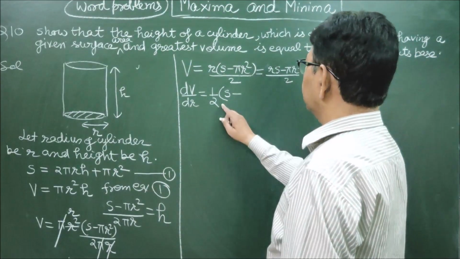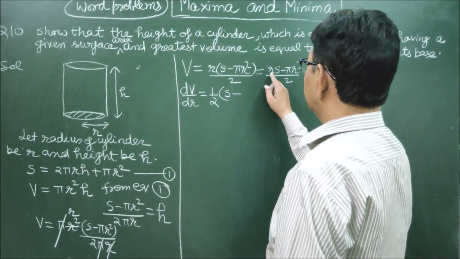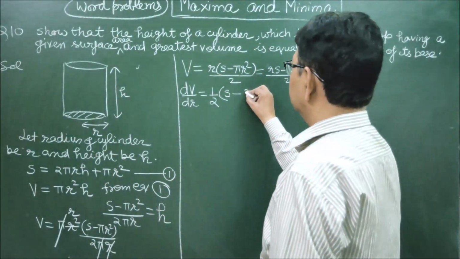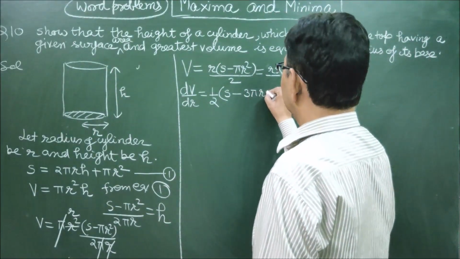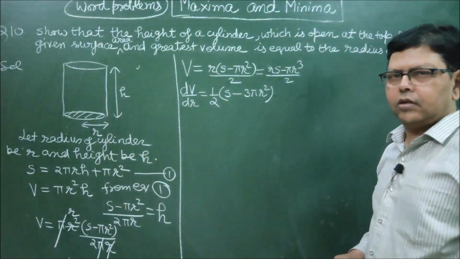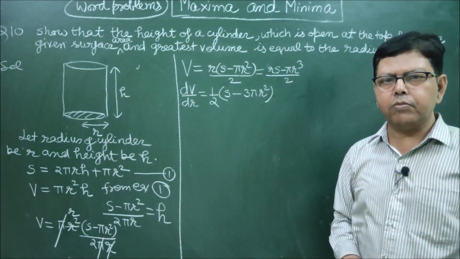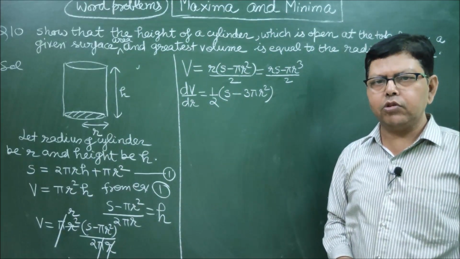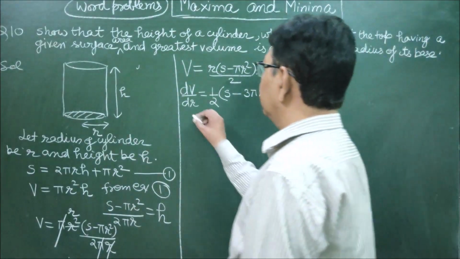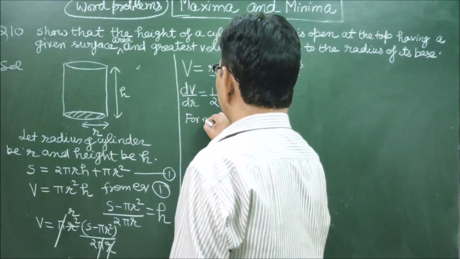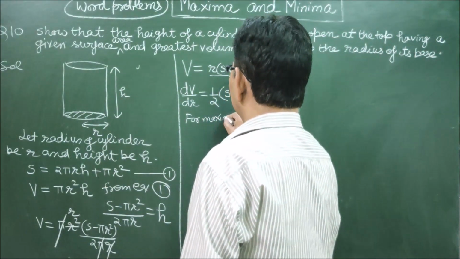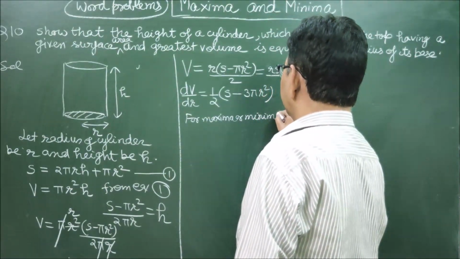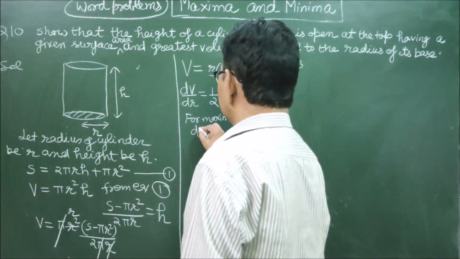So 1 by 2 we can take out, and S minus 3 pi r square. For maxima or minima, dV over dr must be equal to 0.